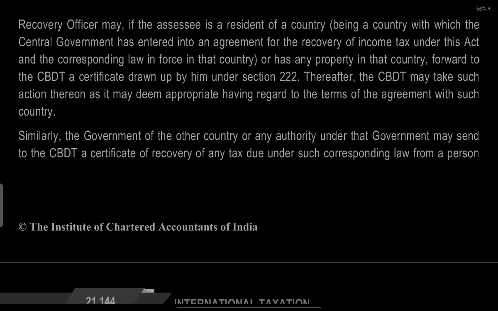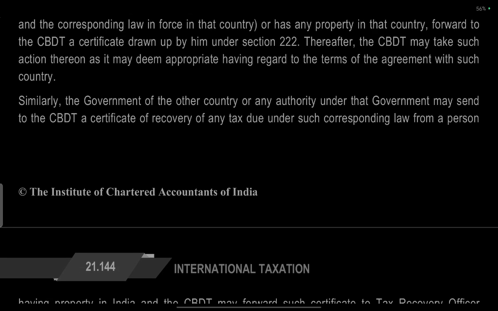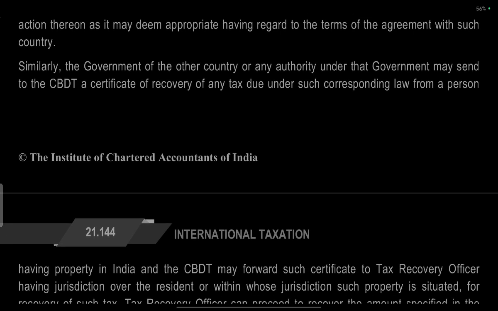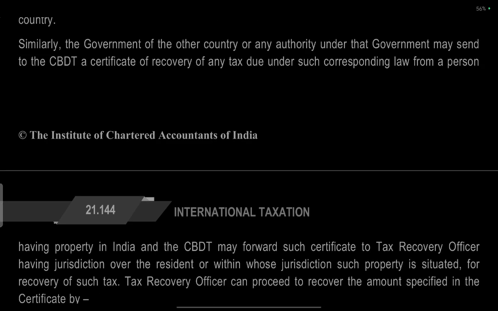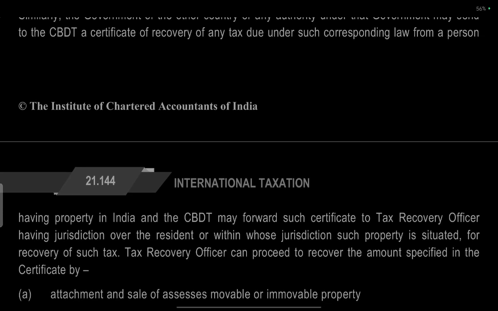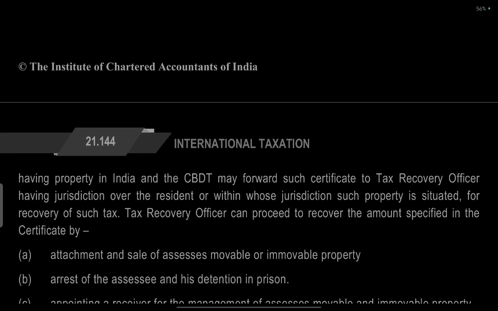Section 222. Thereby, the CBDT may take such action as it may deem appropriate, having regard to the terms of the arrangement with such country. Similarly, the government of another country, or any authority under that government, may send a certificate to the CBDT for recovery of the tax due under the corresponding law being enforced, where the assessee has property in India.